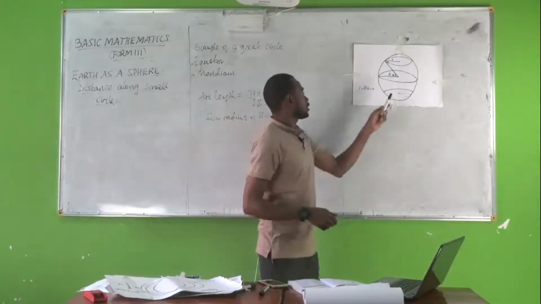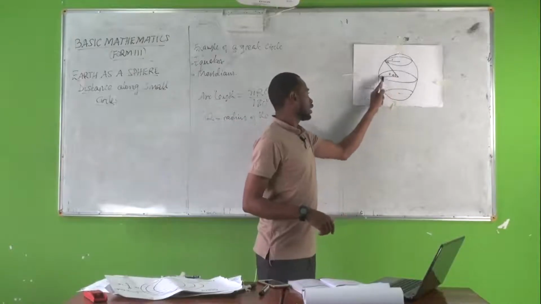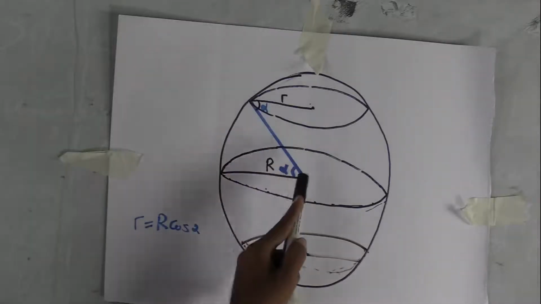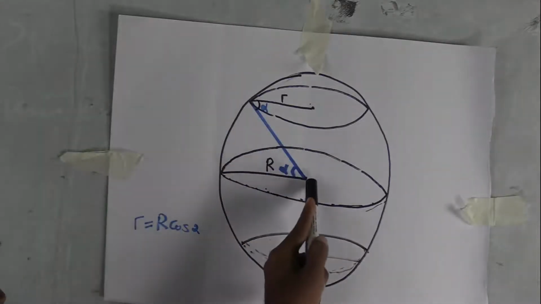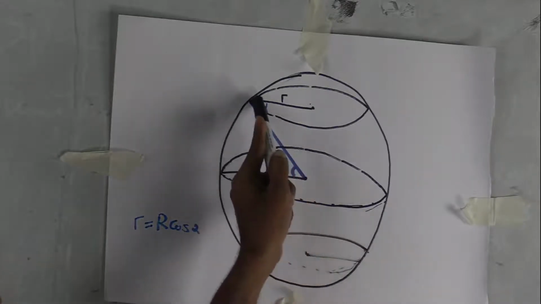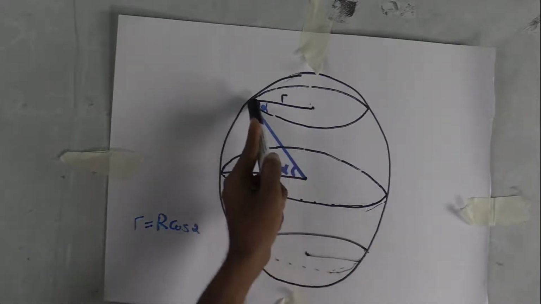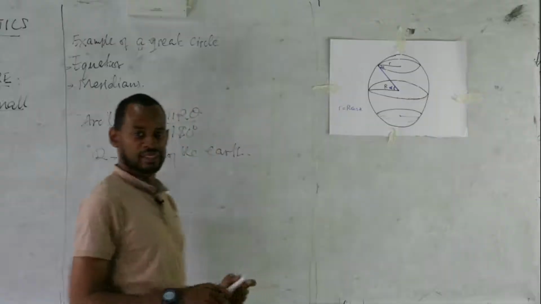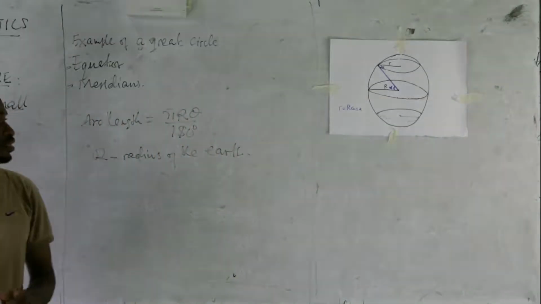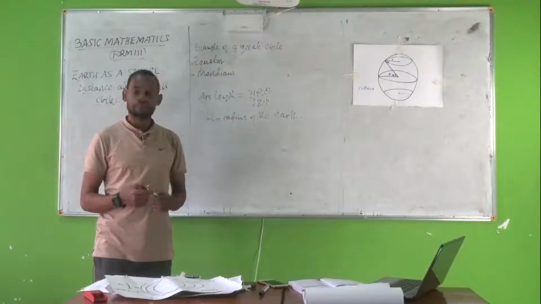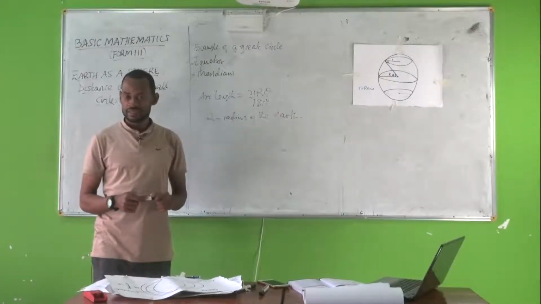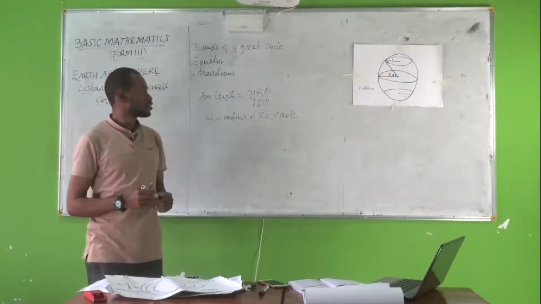Let us now observe this diagram here. We have the radius and radius, but also this. Who can tell us what this blue line is? What does the blue line represent? Yes, radius. Very good.